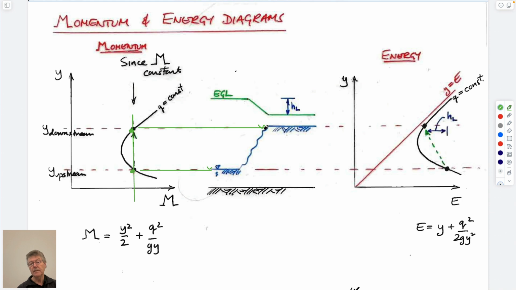So now what we can do is we can go over with those depths onto this diagram, onto the same flow rate, and we'd see that we're actually not at the same energy for the system. In fact, there's a change in energy as we go down from upstream, where the energy is higher, to downstream, where the energy is lower. We get a change in energy in the system, and this change in energy has to be equal to the head loss.